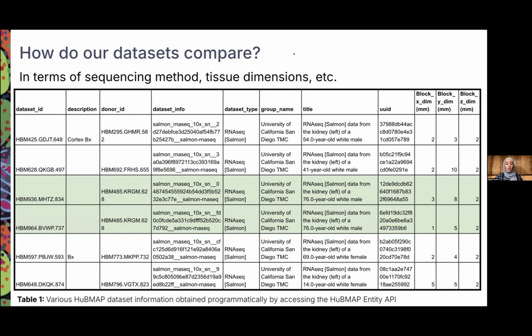So this table I got from the HuBMAP Entity API. I programmatically got it from the HuBMAP Entity API, and Andy Buchel from the CNS lab over here published a script in GitHub that I modified slightly to output this table for us. It's important to note that these two green rows right here are from the same donor.